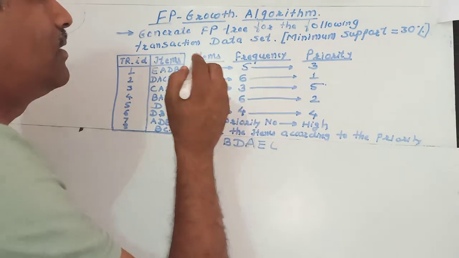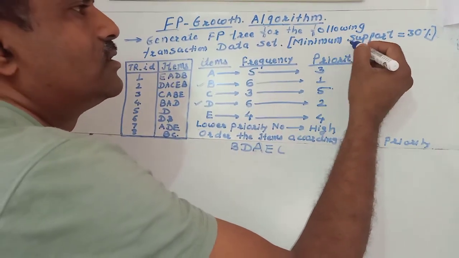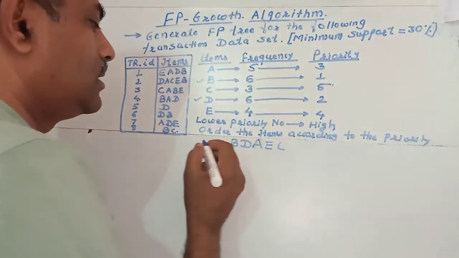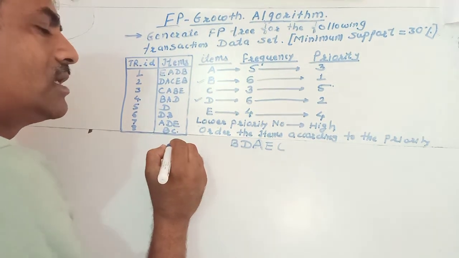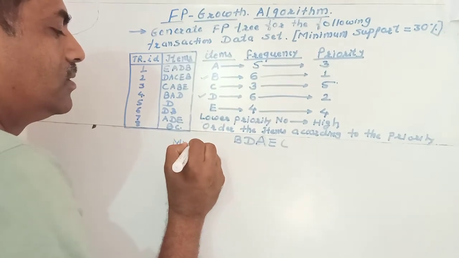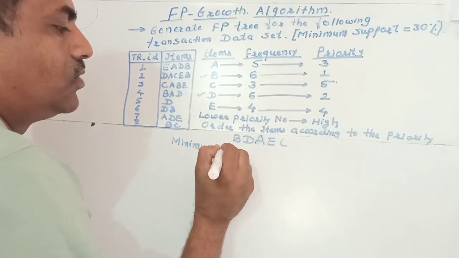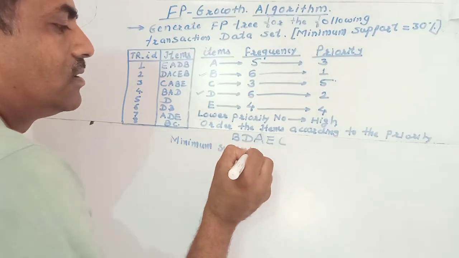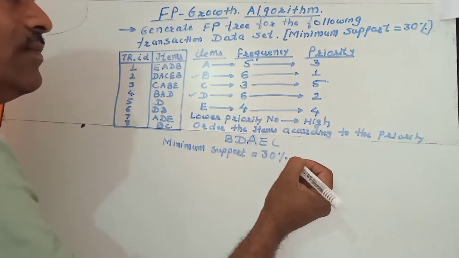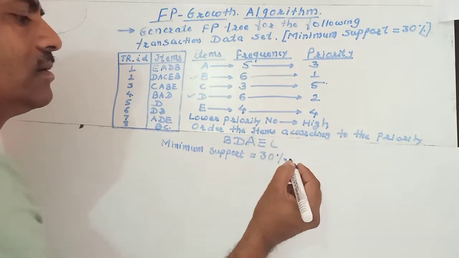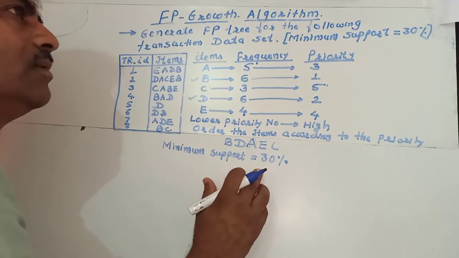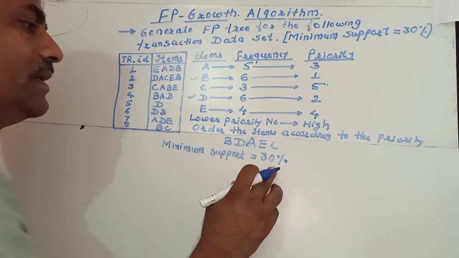And we have one more thing given in the question, that is minimum support equal to 30%. Minimum support equal to 30% means the minimum number of transactions is 30% of the total.